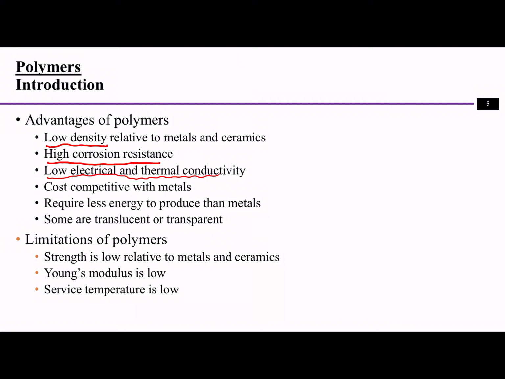Compared to metals and ceramics, polymers are also cheaper, and they require less energy to produce than metals because of the embedded energy. In order to cut or process metals, it usually requires more force, more energy, or more power compared to polymers.